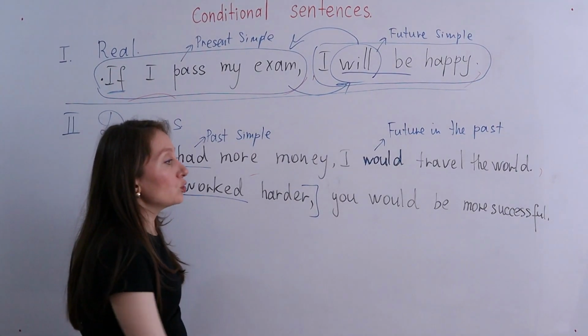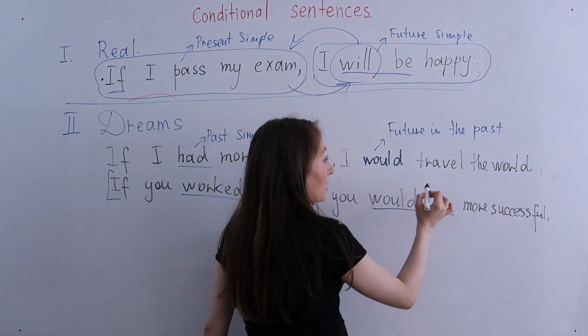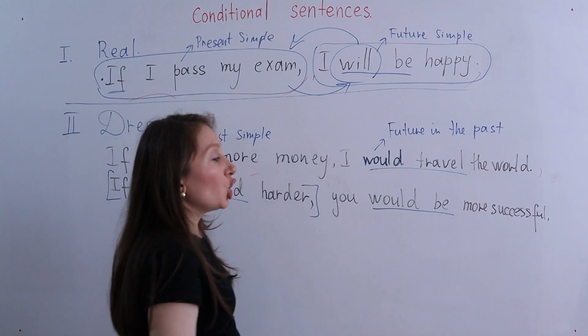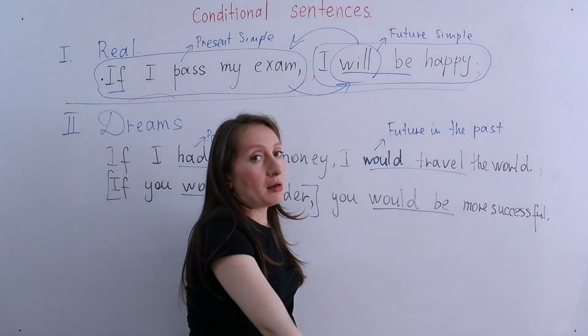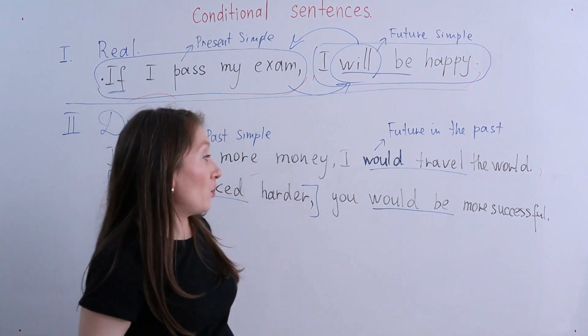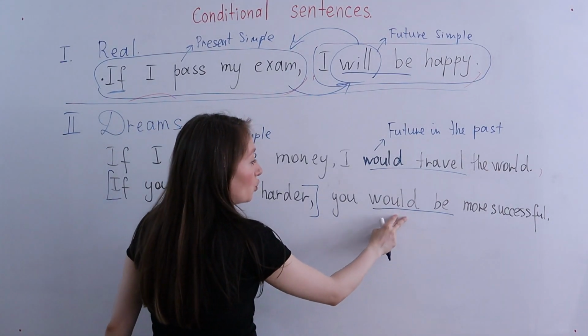Çalışsaydın olurdun. Right? So you use would and verb be. Right? You would get more money. You would be more successful. So again, in the main clause, you use would.